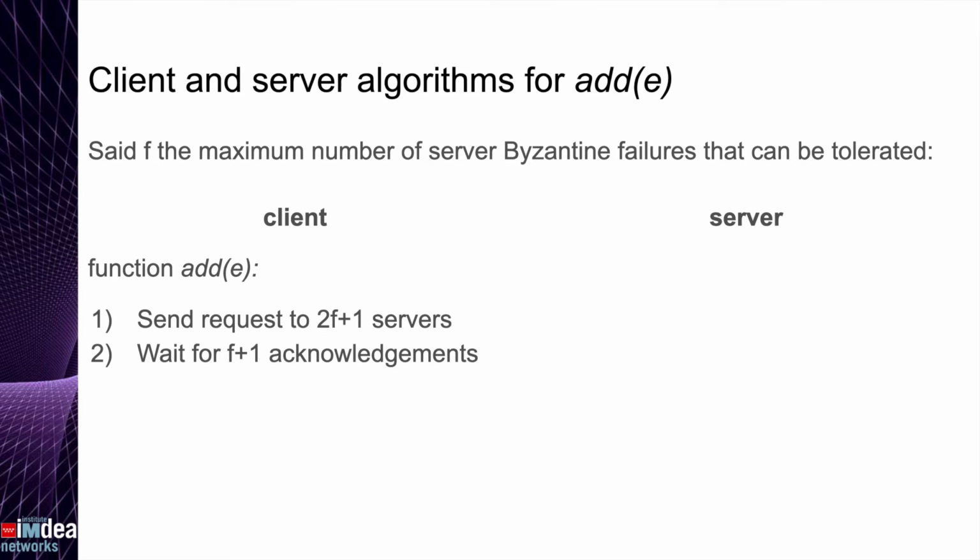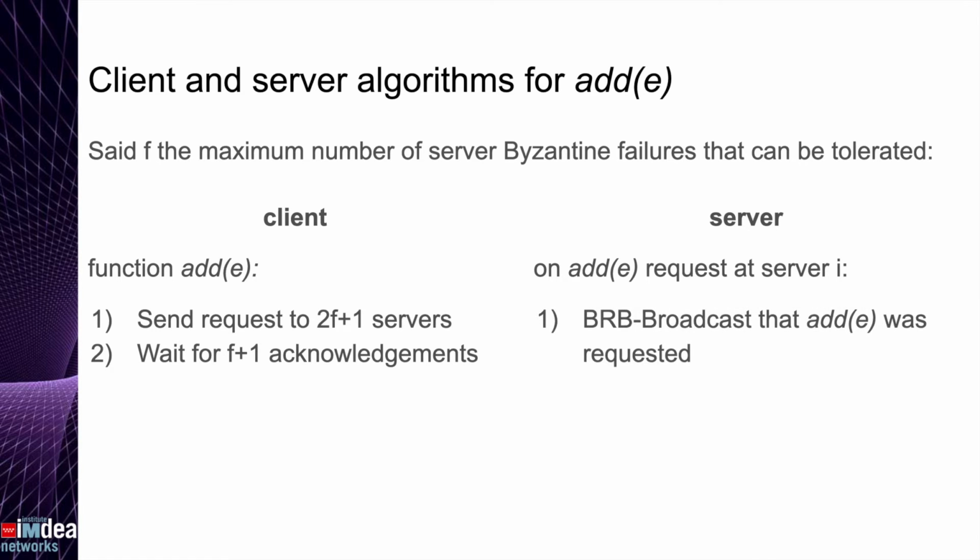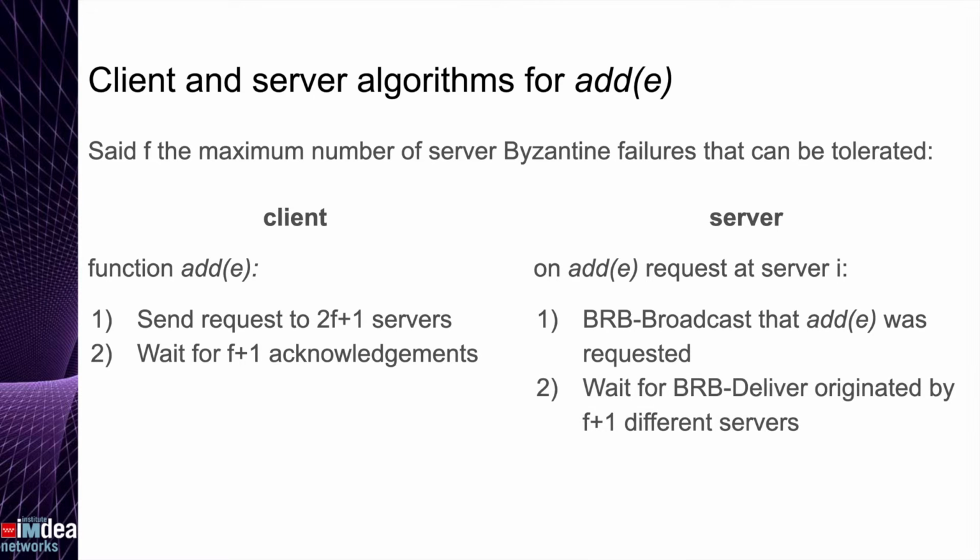On the server side, when an add request is received, a correct server calls the BRB broadcast primitive and waits for f+1 BRB deliveries of the same request by f+1 different servers. This guarantees that the request was correctly issued following the algorithm.